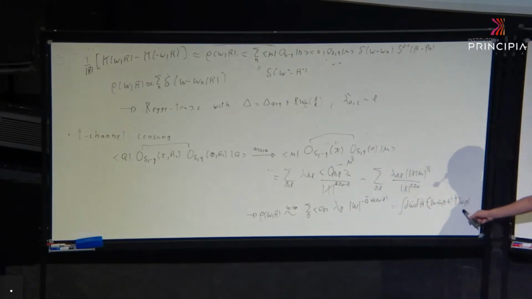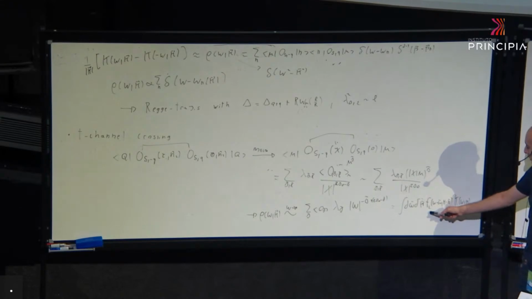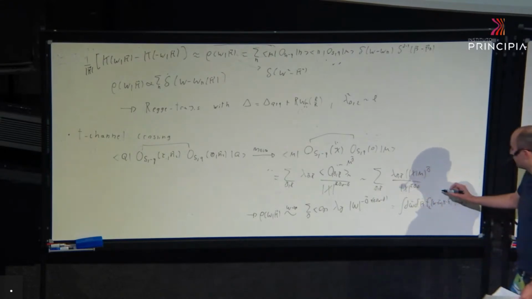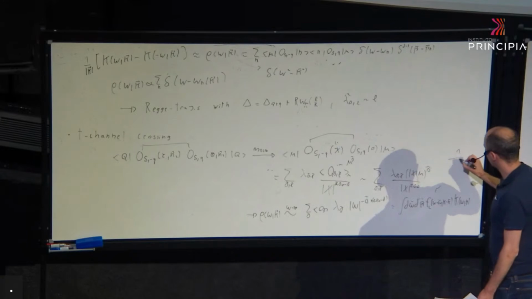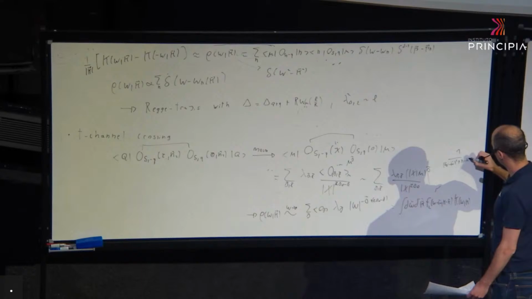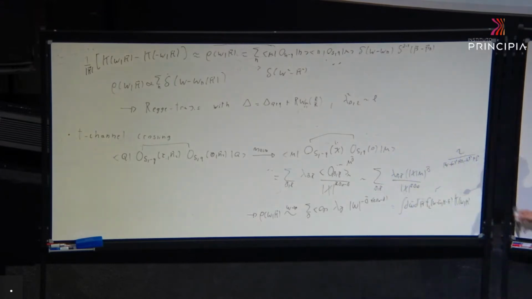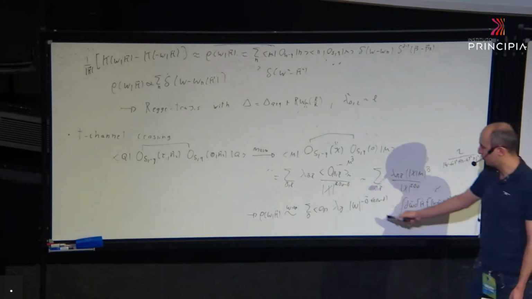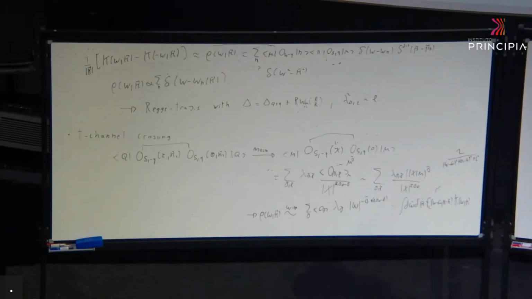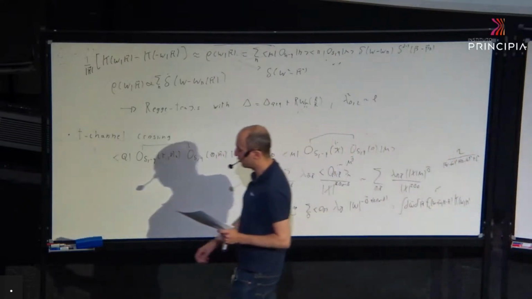If you average your OPE coefficients with some smooth function, this could be a Lorentzian, just to make an example, something like omega minus omega bar squared, K minus K bar squared, plus L squared. If L is large enough so that you pick up sufficient contribution of operators, this formula should hold. I suspect this can also be made into a rigorous Tauberian theorem, but I haven't worked that out, so this needs to be understood.